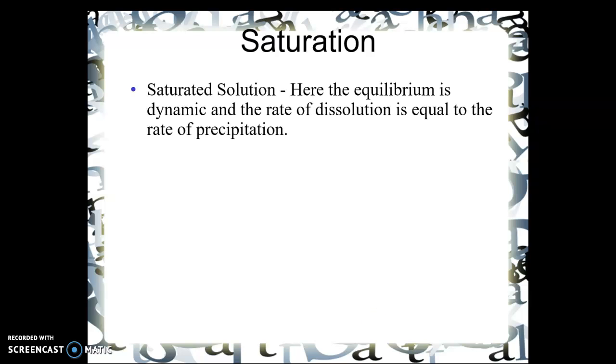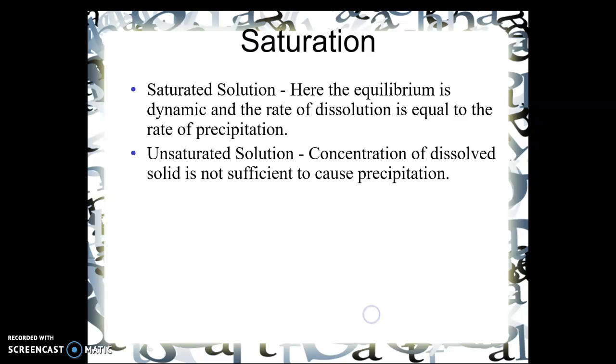Saturation. A saturated solution is a dynamic situation. That is, the dissolving and the precipitation are going on at the same time, but the rate of dissolution is equal to the rate of precipitation. In an unsaturated solution, you don't have enough dissolved solid to cause precipitation, so there is not an equilibrium situation there.